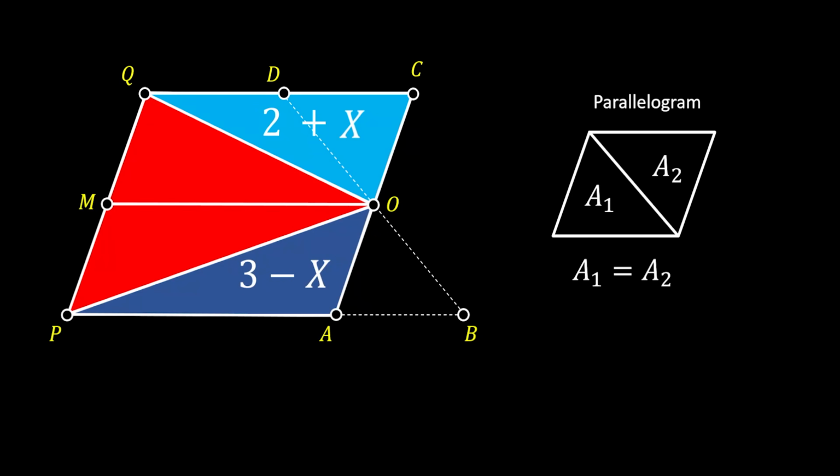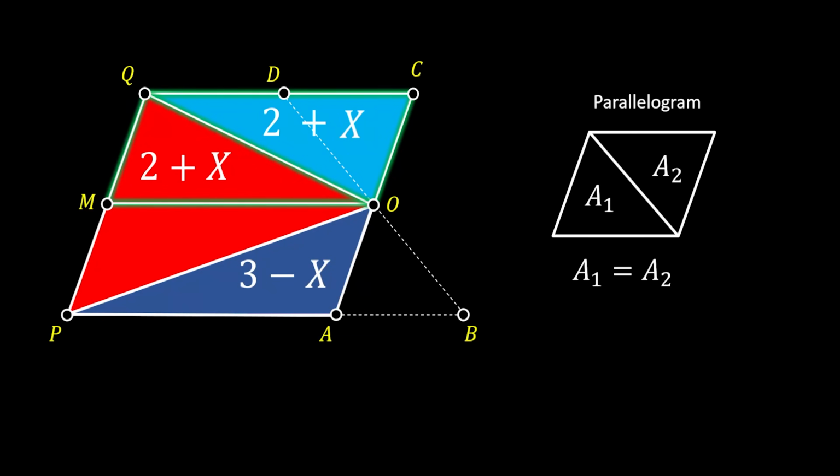Well, if you take a look at our sketch on the left, you can notice the small parallelogram on the top, MOCQ. And you can notice that the line OQ is nothing but the diagonal of this parallelogram. This means that it will divide it into two identical areas, so the red triangle MOQ must have the area of 2 plus x as well.